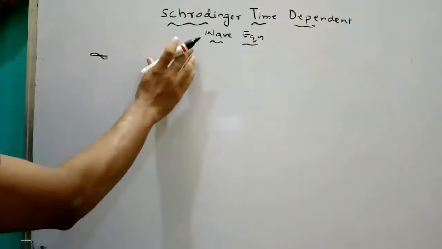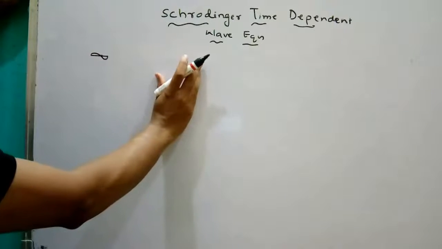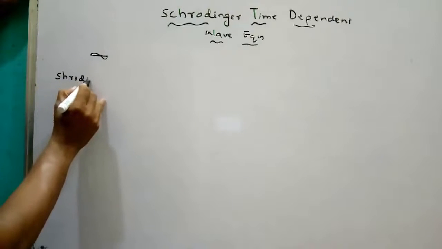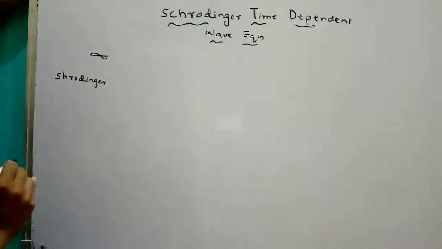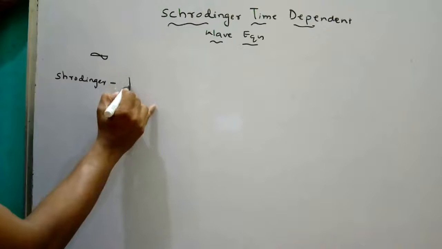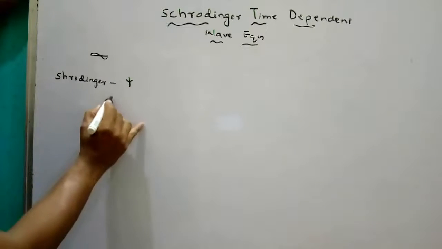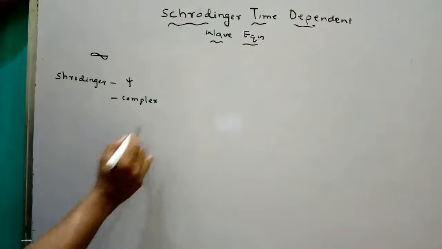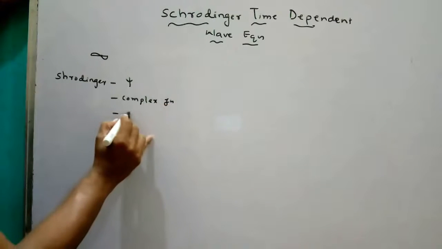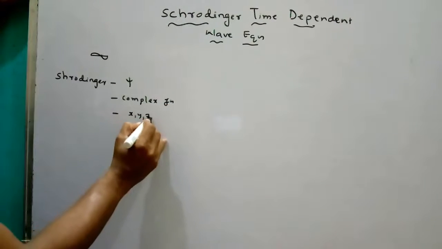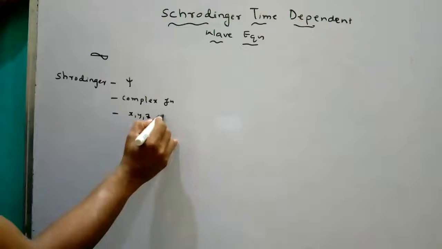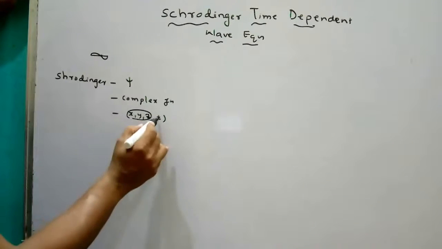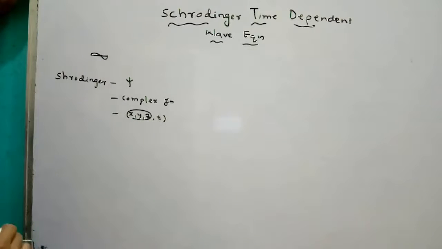So for Schrodinger time dependent wave equation, Schrodinger introduced a wave function which is a complex function, a function of x, y, z and t, the space coordinates and also time.